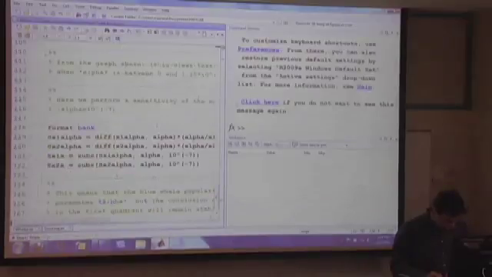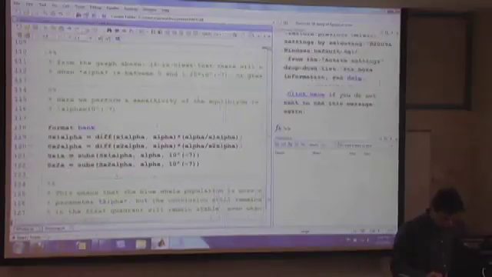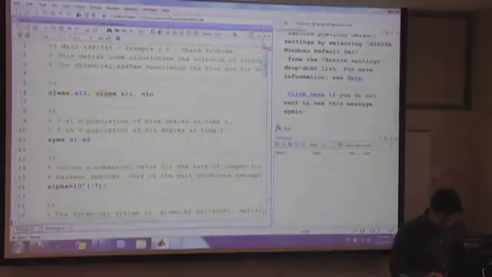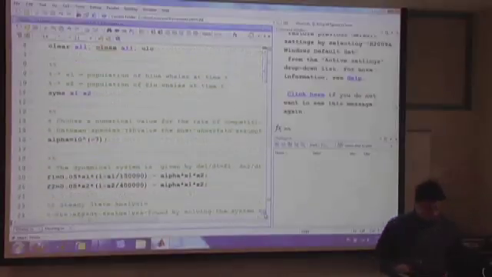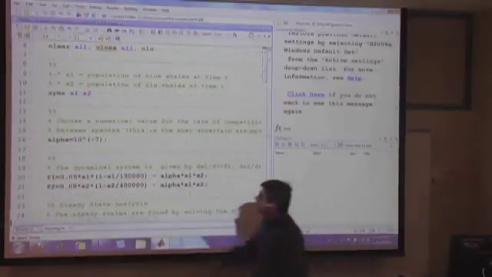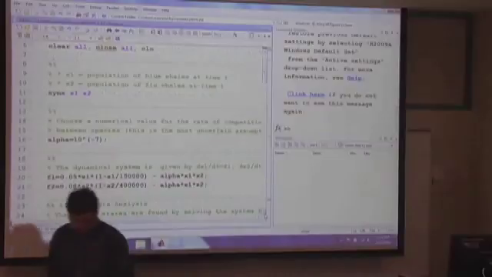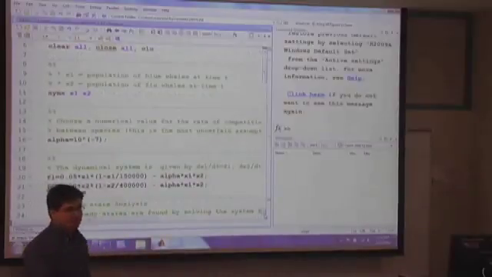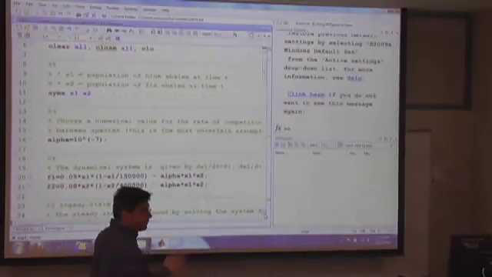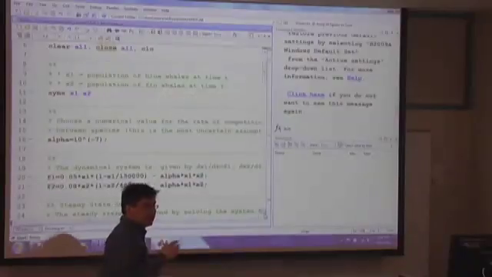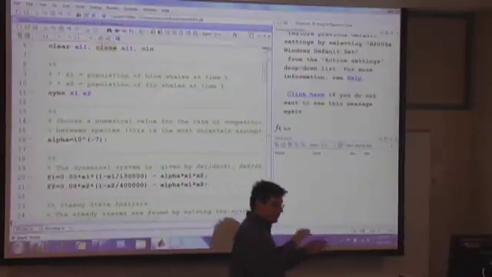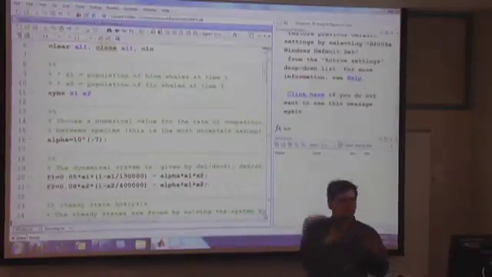Okay, so let's look at the whales code here, and the numbers will not be very pretty. For instance, alpha is 10 to the negative 7. That's pretty much a guess. But the magnitude of it, being so small, says that the two species really don't bother each other too much.